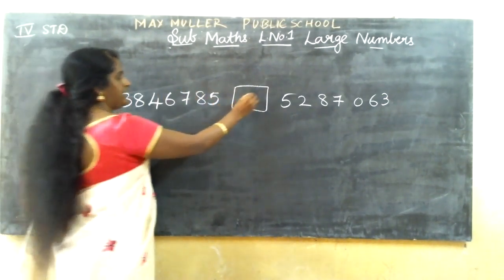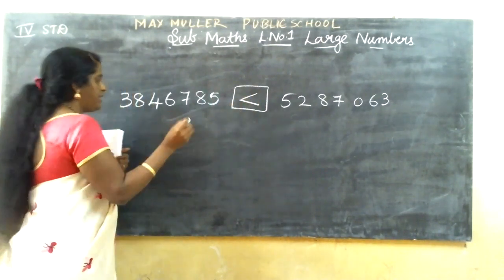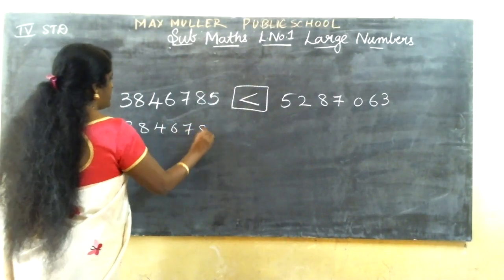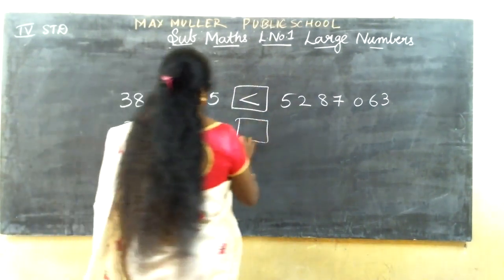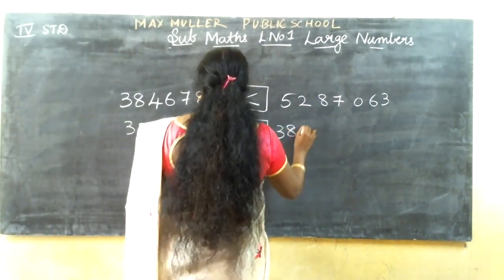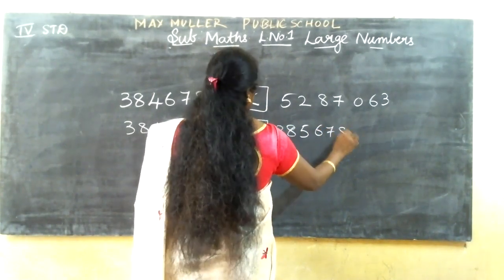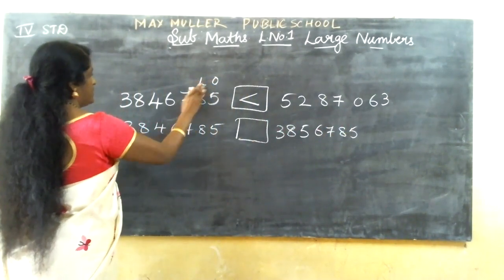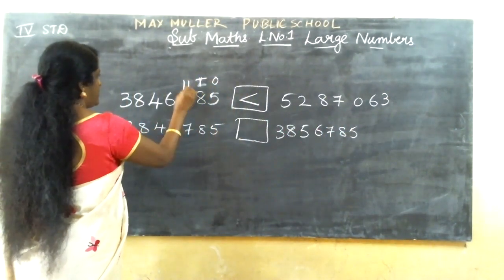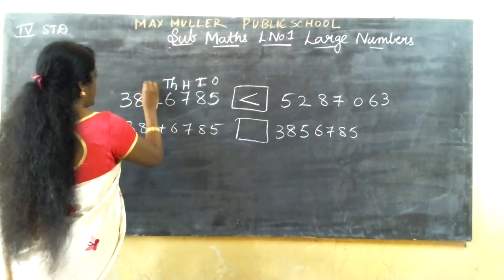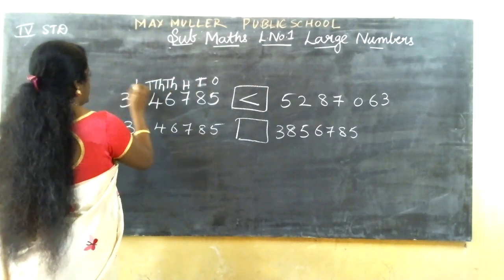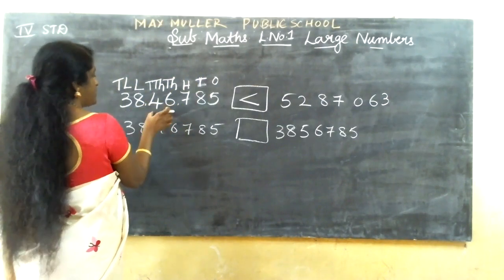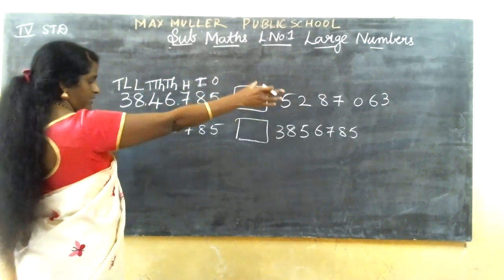For another example, now 3,846,785 and 3,856,785. See, this is ones, tens, hundreds, thousands, ten thousands, lakh, ten lakh. So the comma comes here: 38 lakh, 46,785, like that.